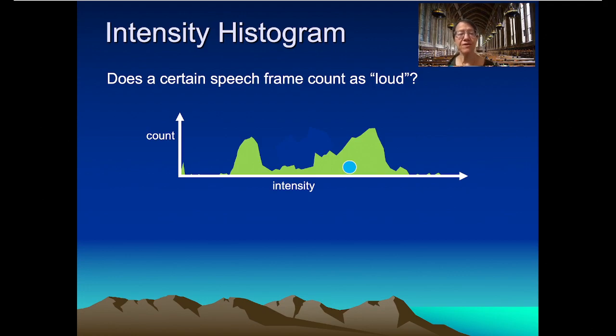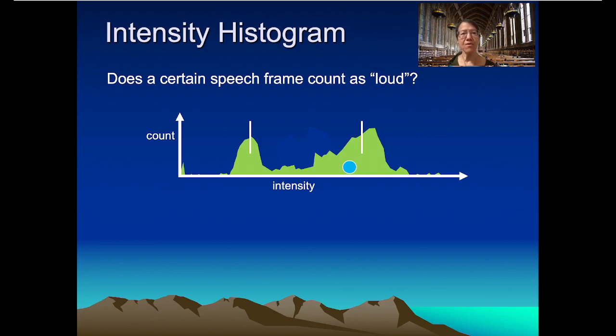So instead, we can use these sorts of distributional measures where for intensity we can observe 2 large modes, one which corresponds to silence in terms of the speaker not speaking. That's the lower value, and the higher value corresponds to their modal speech.